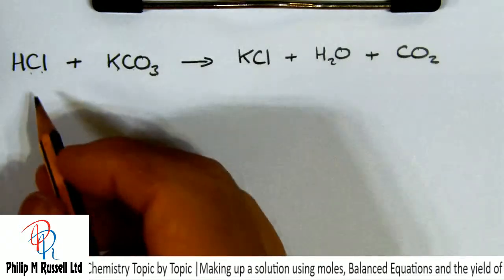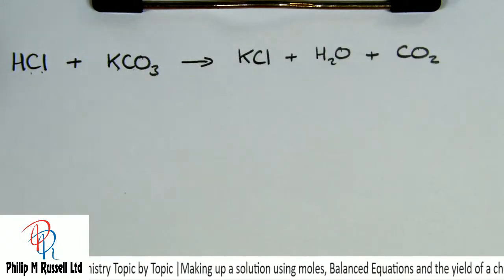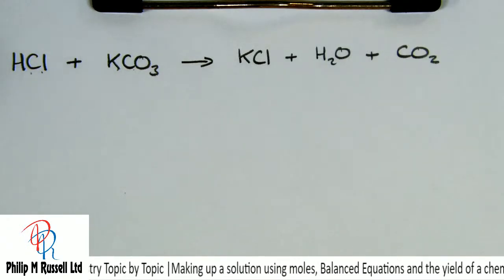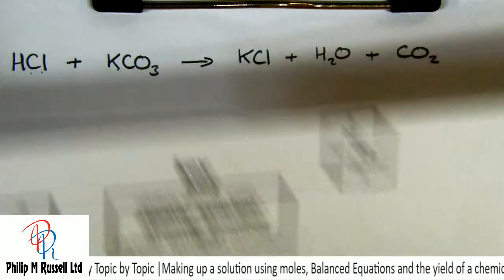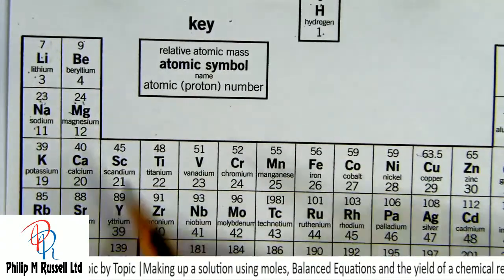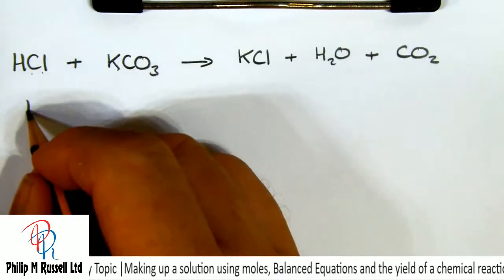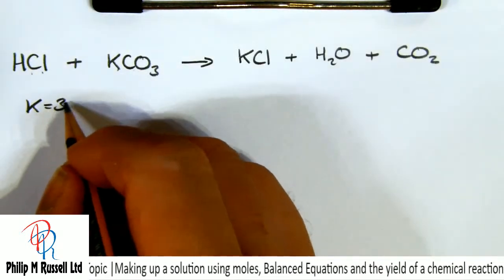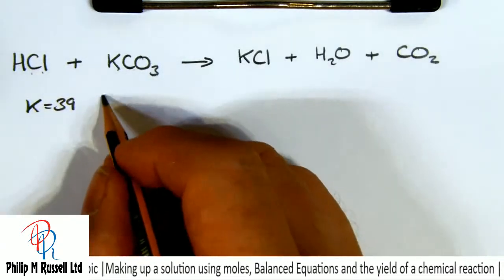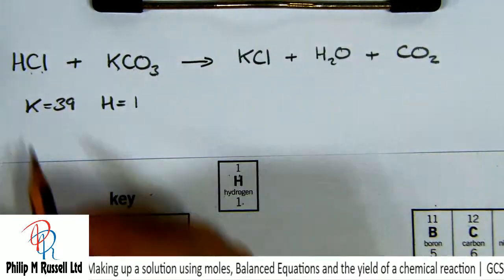Let's look up some of these numbers in our periodic table. Potassium is going to give me 39. Hydrogen is going to give me 1.